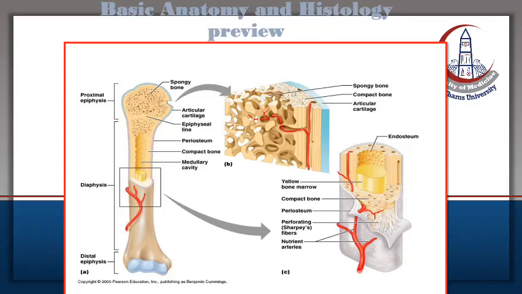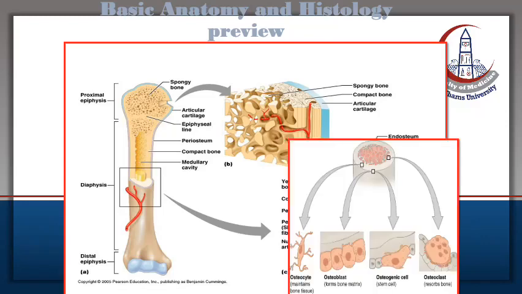This lamellar ossified bone is supplied by blood vessels running in variably sized tunnels in what is called Haversian system.